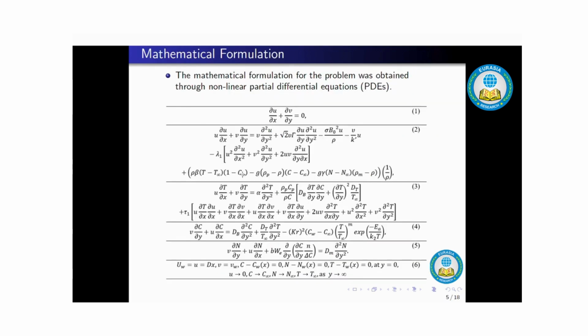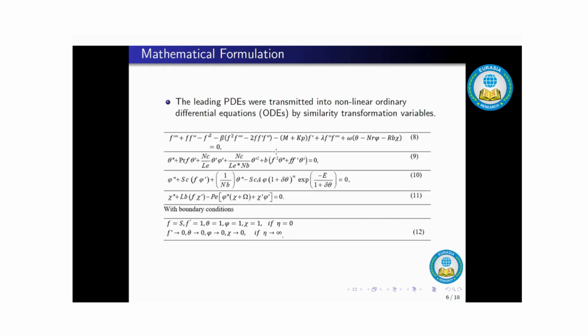The mathematical formulation for the problem was obtained through nonlinear partial differential equations, as shown here. These partial differential equations were transformed into nonlinear ordinary differential equations by similarity transformation variables, as shown here.